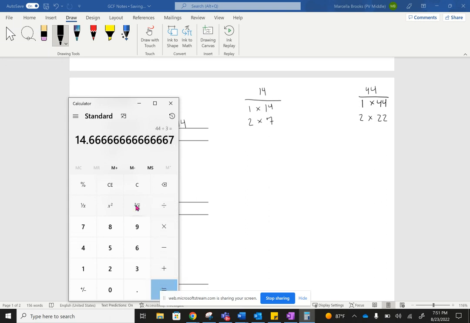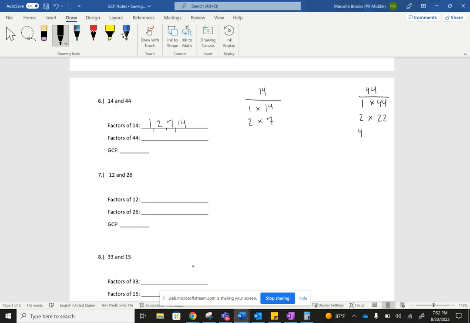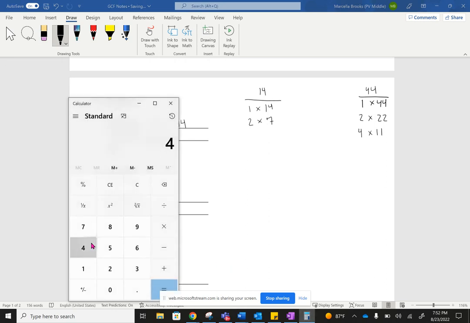No. 44 divided by 4. It looks like 4 times 11 makes 44. Let's do 44 divided by 5. Now 44 divided by 6. Now 44 divided by 7. No, so I believe we're done with 44.